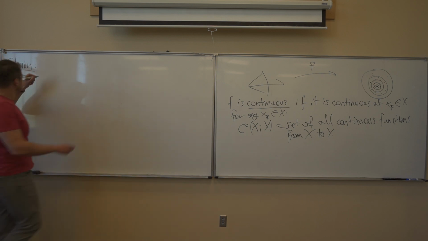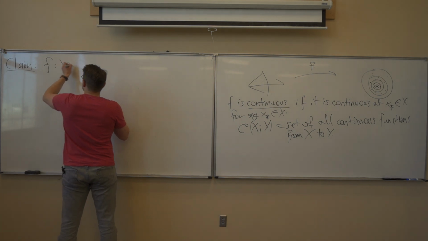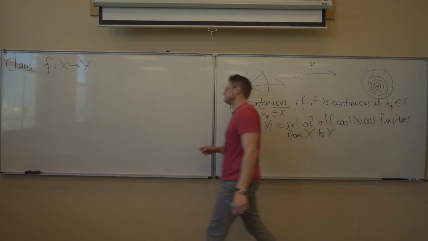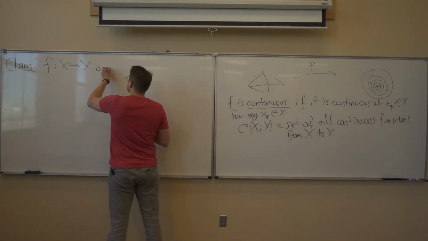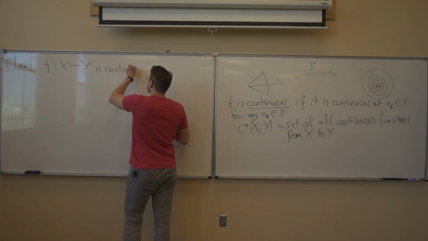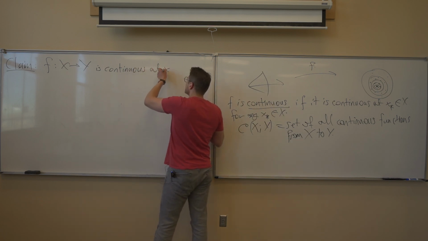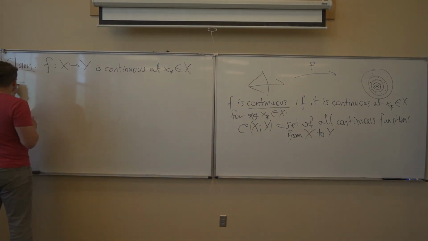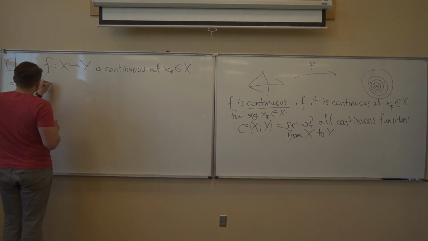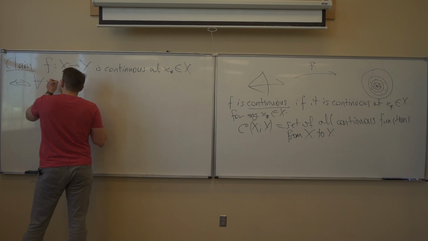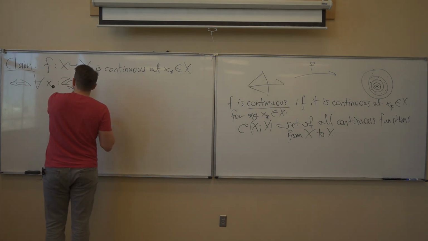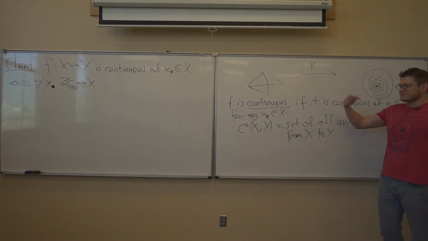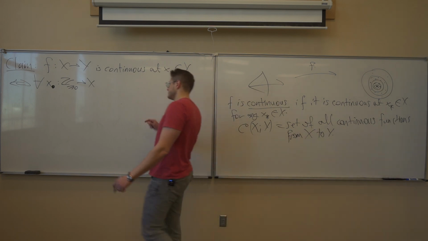In the same setting, not going to write down the metrics. It's continuous at x star if and only if for any sequences, let's say starting at time 0, that converge to x star, the image sequence converges to the image.